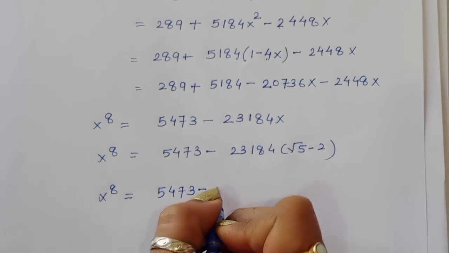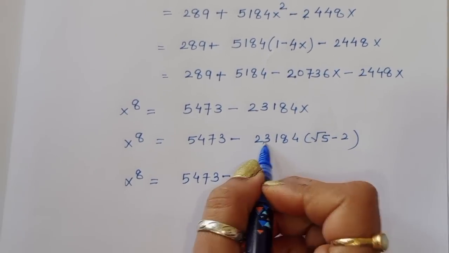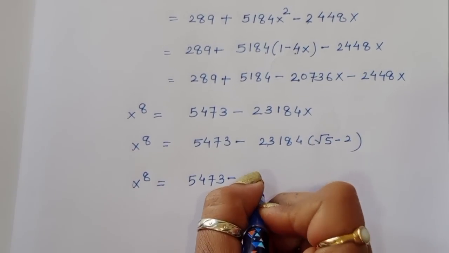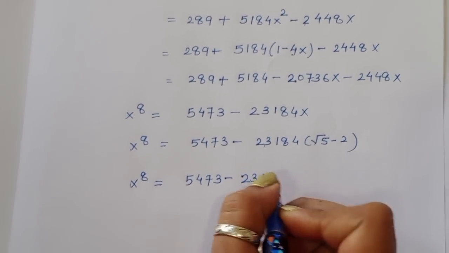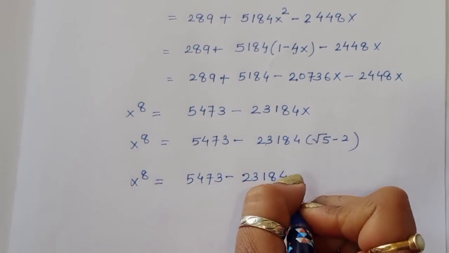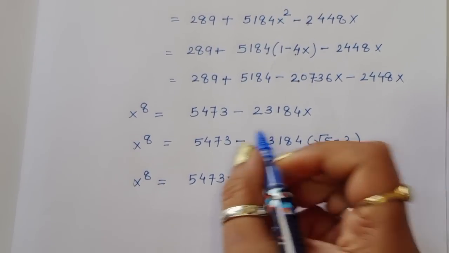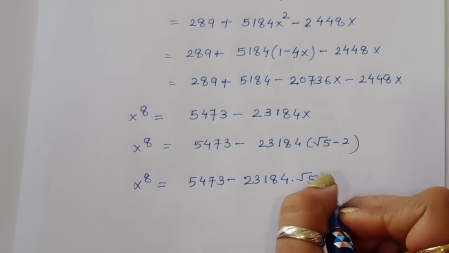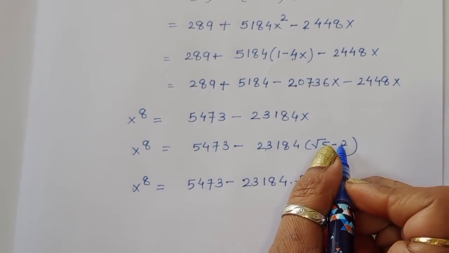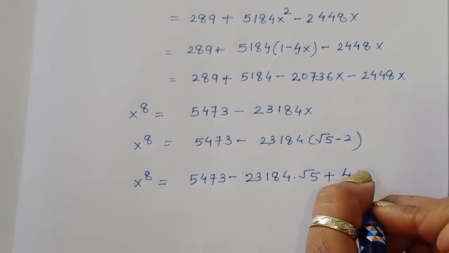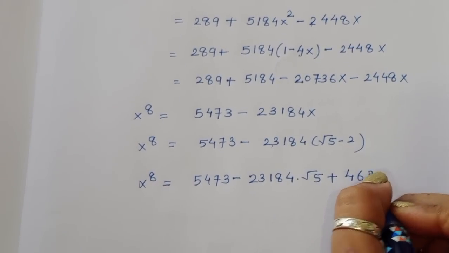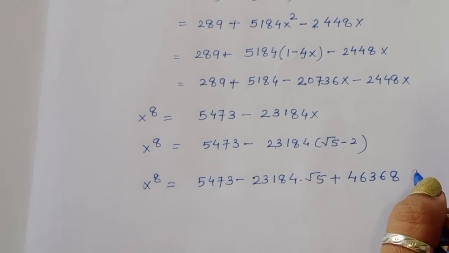Now x power 8 is equal to 5473 minus, we are now multiplying this term, 23,184 times square root of 5, and minus minus plus 23,184 times 2, so it becomes 46,368.